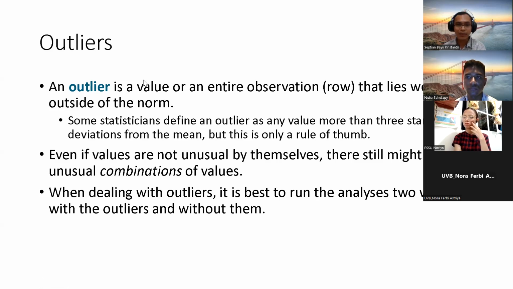But sometimes an outlier makes your data bad or leads to mistakes in decision making. So you need to analyze whether the outlier is okay with you, or maybe you need to take it out or drop it from your data.